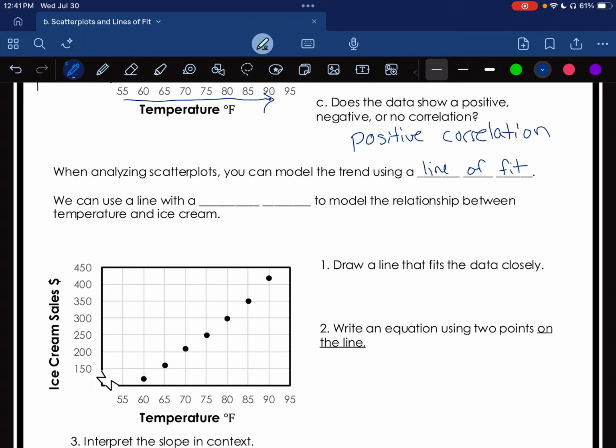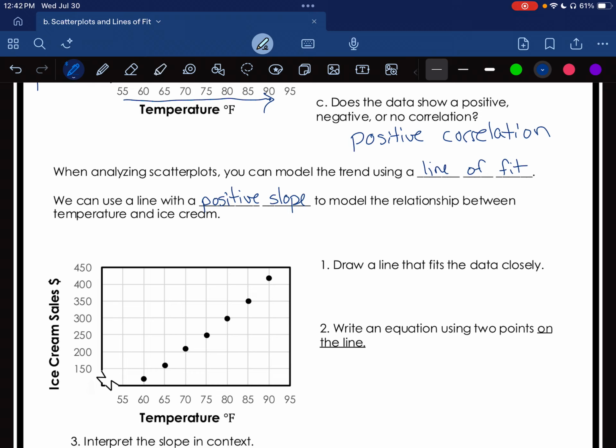Okay, so it doesn't have to go through every point, right? Because it wouldn't be a straight line, but we want it to model the data closely. So your line might be a little bit different than mine, okay? But I'm gonna try to draw my line so it goes about like this.